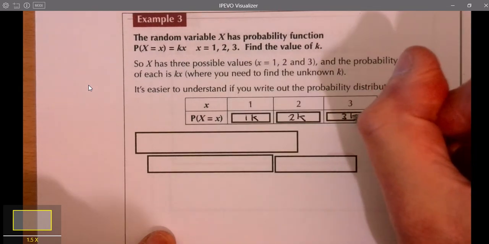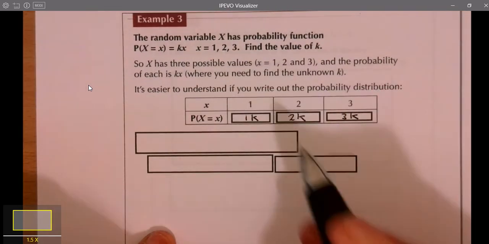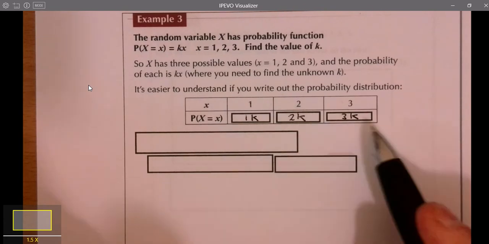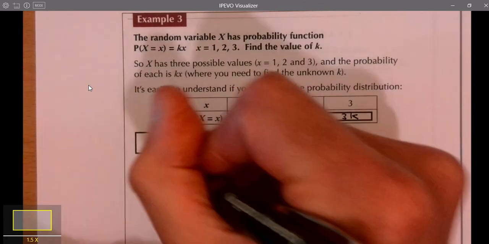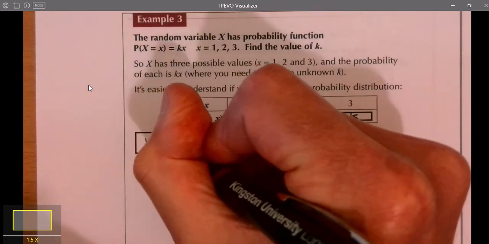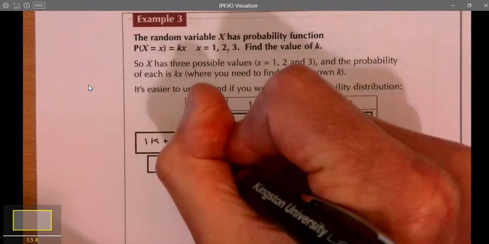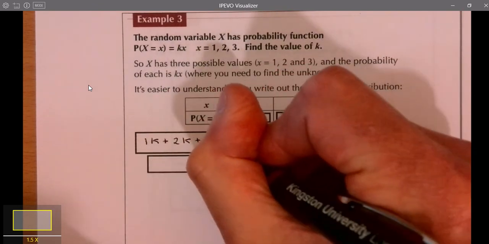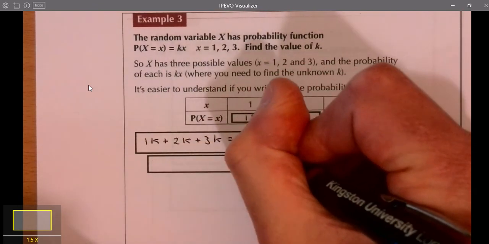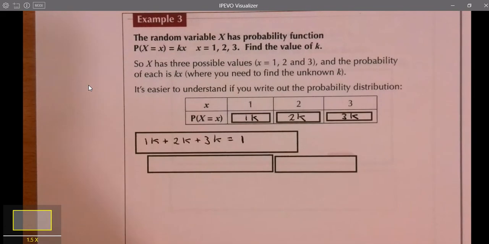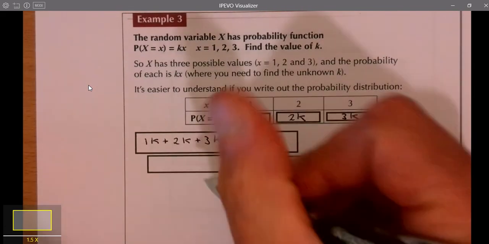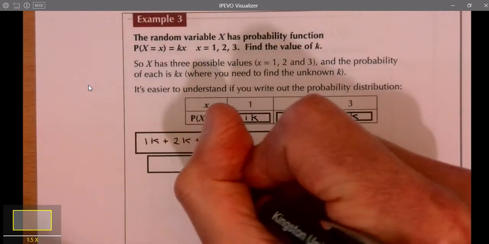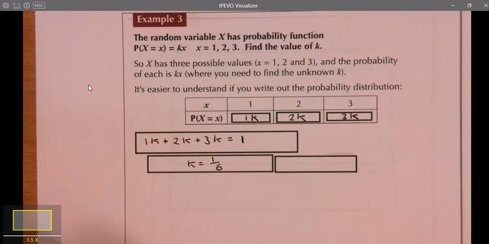I know that this equals 1. So 1k plus 2k's plus 3k's is equal to 1. 6k equals 1. So therefore k must equal 1 over 6.